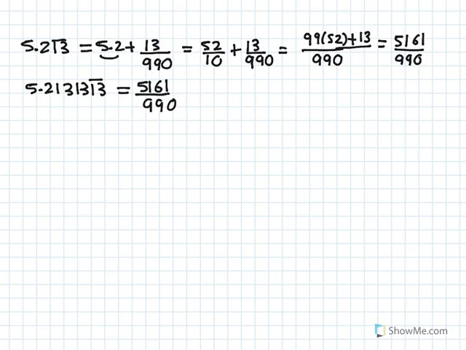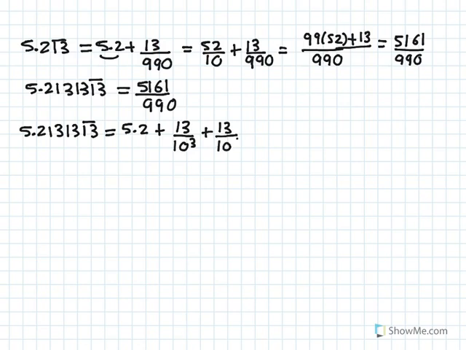So just to expand on that, we have 5.2, 13, 13, 13 repeating. We write this as 5.2 plus 13 divided by 10 cubed plus 13 divided by 10 to the 5 plus 13 divided by 10 to the 7 and all the way, dot, dot, dot. This is equal to 5161 divided by 990.